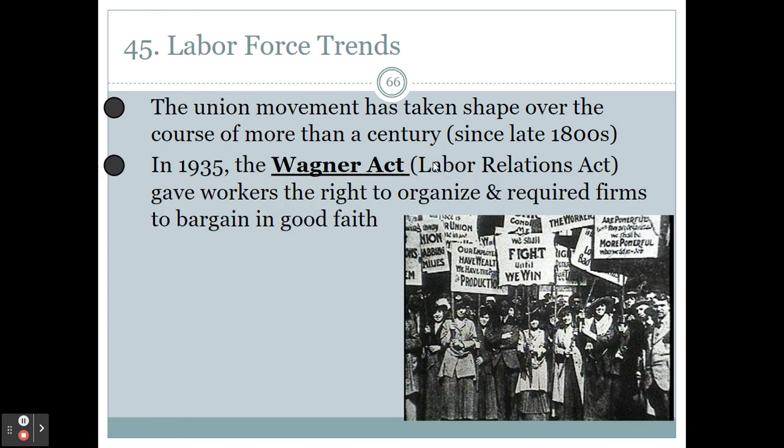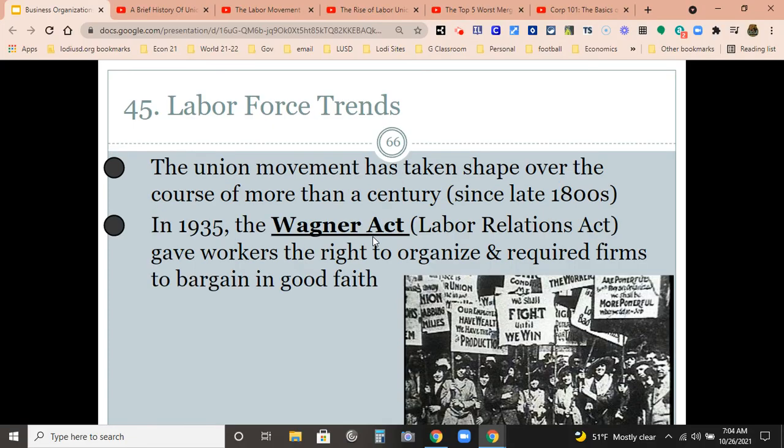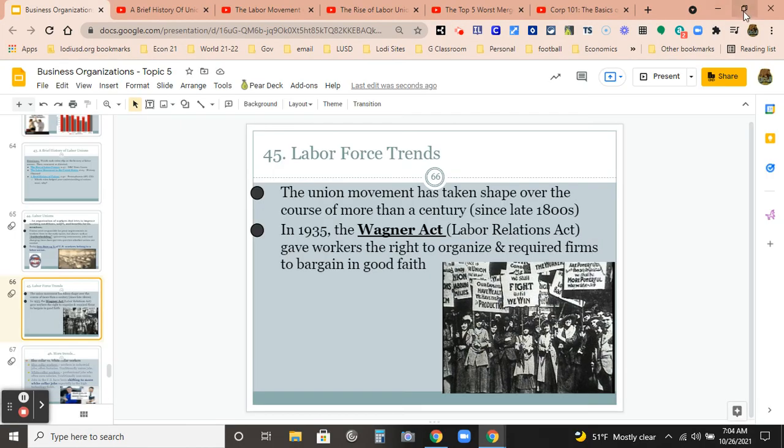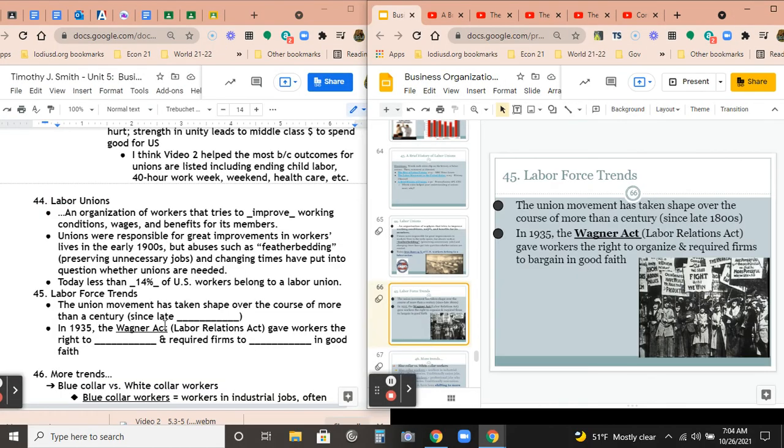There's pushback by people working for them to get a little more fairness. But it's not until 1935, under the New Deal, the Wagner Act, also known as the National Labor Relations Act, gave workers the right to organize and required firms to bargain in good faith, that real union and worker rights began, because you could be fired before then for just trying to bargain for better wages or working conditions.